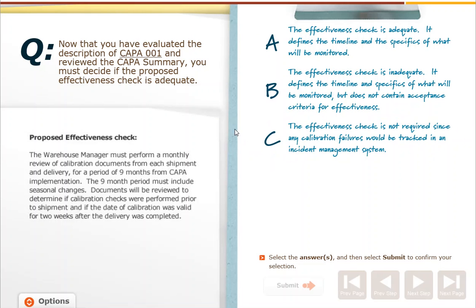Now that you have evaluated the description of CAPA 1 and reviewed the CAPA summary, you must decide if the proposed effectiveness check is adequate.